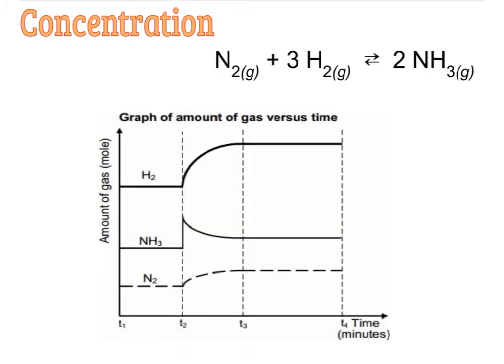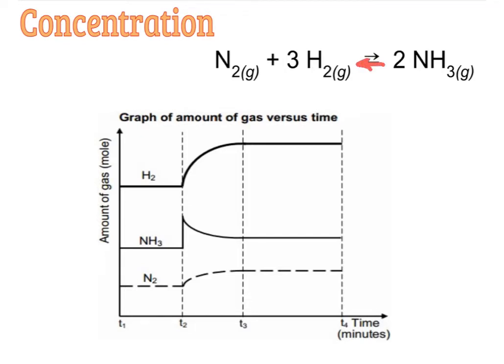Let's look at a graphical representation of shifts in equilibrium. From this moment in time to this one, there used to be equilibrium. Then at this moment, we've pumped inside of the tank a considerable amount of ammonia. Here's the spike in the concentration of ammonia. So the reverse reaction of decomposition sped up, increasing the concentration of nitrogen and hydrogen.